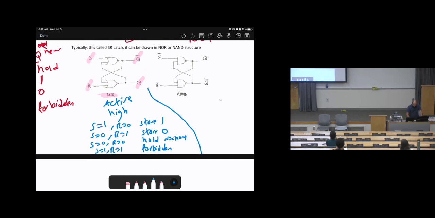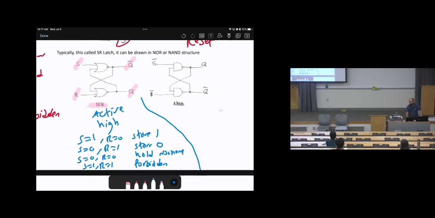Now, since we did it using NOR gates, can we do it using NAND? Yes, we can do it using NAND. And here when we're doing it, it will be active low, which is the opposite. Anything active low is based on NAND implementation. Anything active high is based on NOR implementation. So when S equals 1, R equals 0, we will store 0.